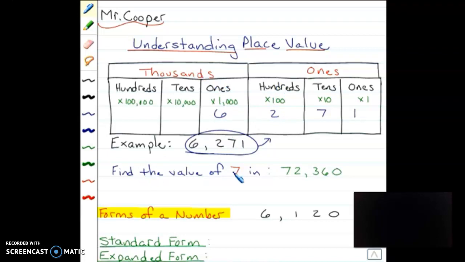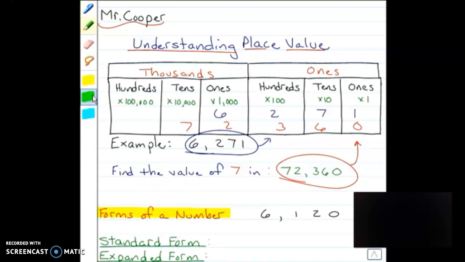Now, let's find the value of a digit. Let's find the value of 7 in the number 72,360. Start off by placing the number into the chart above. Now that we have the number written, we're going to find the value of the 7. The 7 is here, and this number is going to give us the value of it.